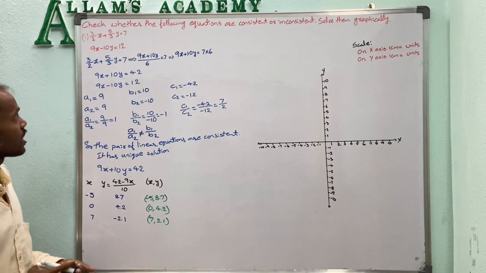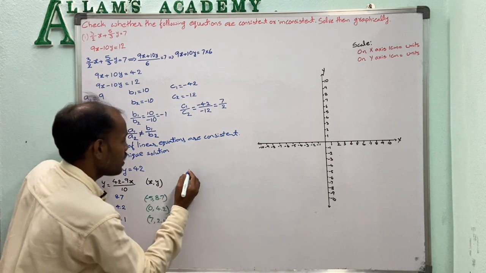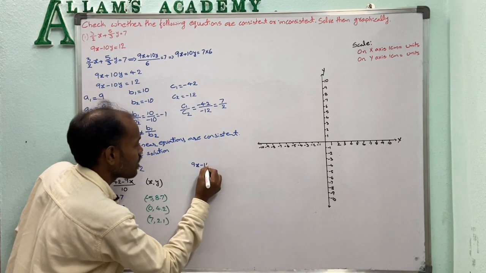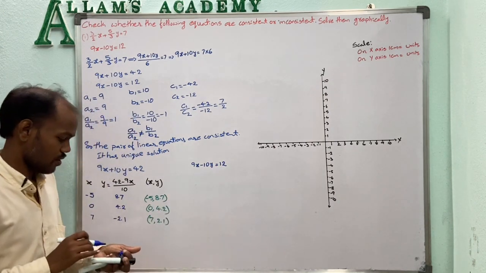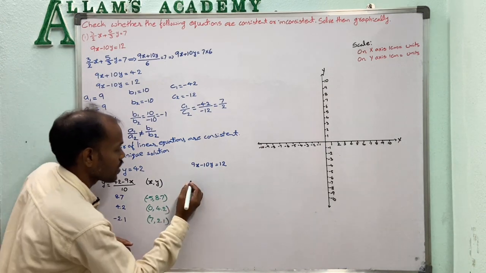Now the second pair of linear equations we observe, that is 9x minus 10y equals 12. Here also, for different x values we get different y values.